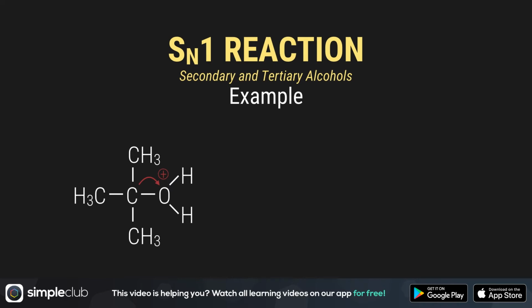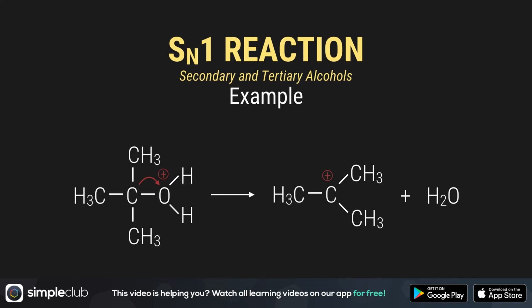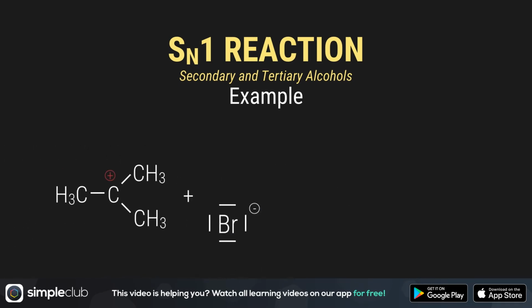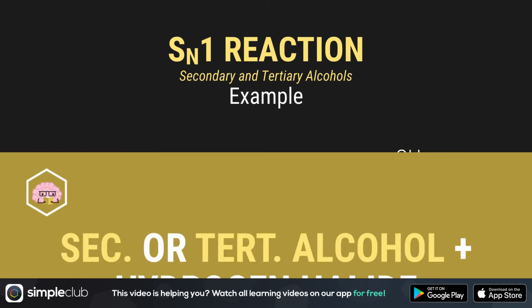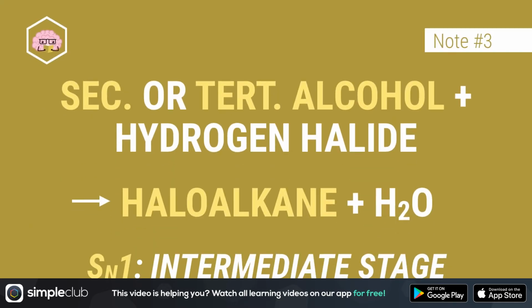The dude just ups and off he goes. Ha! What's left behind is something you're already familiar with, and that's a carbenium ion, an organic molecule with a positive charge on one C. The last step is where the bromide attaches itself to it, giving us a haloalkane as a product here as well. So what to remember? Secondary or tertiary alcohols undergo the SN1 reaction to produce a haloalkane and water.